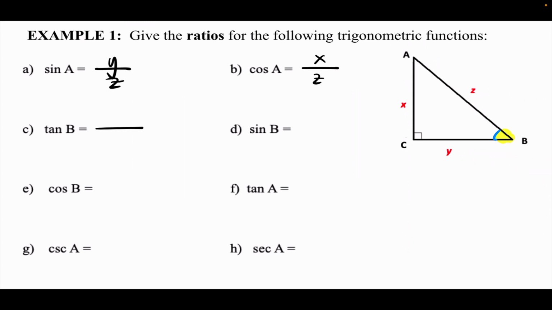Opposite of B now is X. And adjacent to B is Y. Okay. Next one, still at B. What's opposite? Sine is opposite over hypotenuse. Opposite of B is X. Hypotenuse is Z.